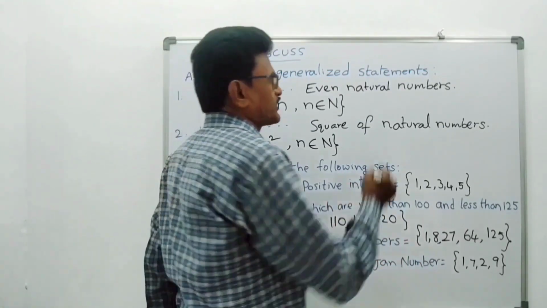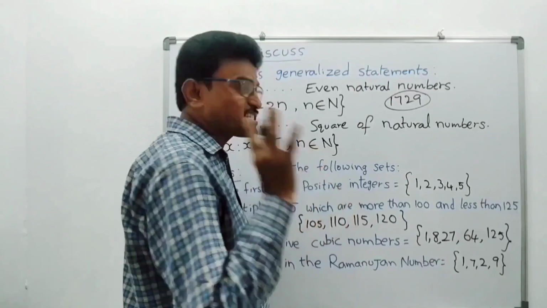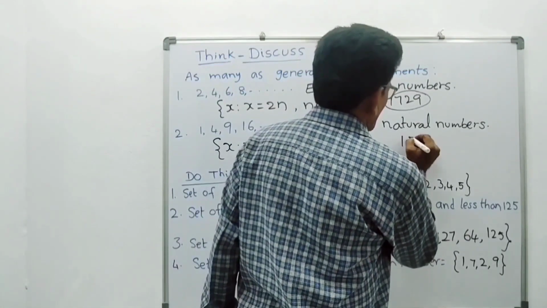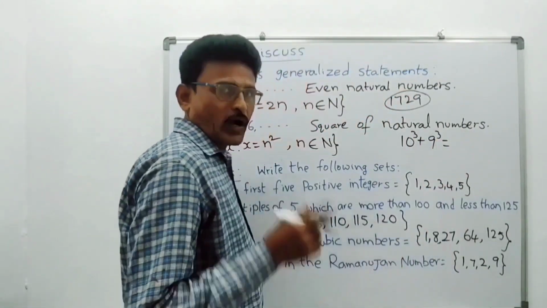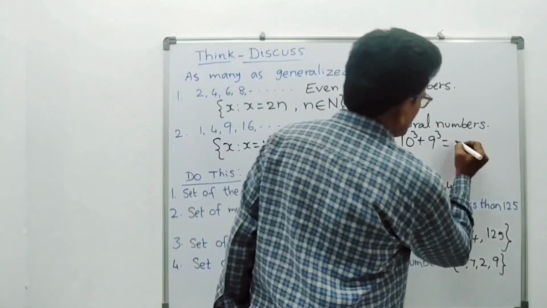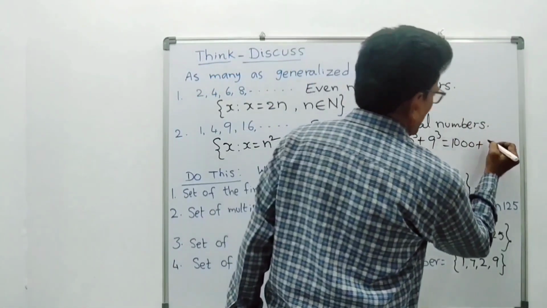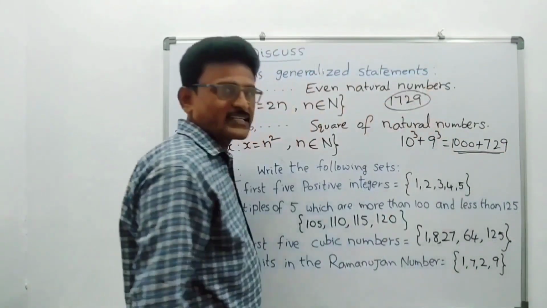I will write a shortcut. What is 1729? Ramanujan first identified this. It is the sum of 10 cubed plus 9 cubed. 10 cubed means 1000, plus 9 cubed is 729. If you add these two, you will get 1729.